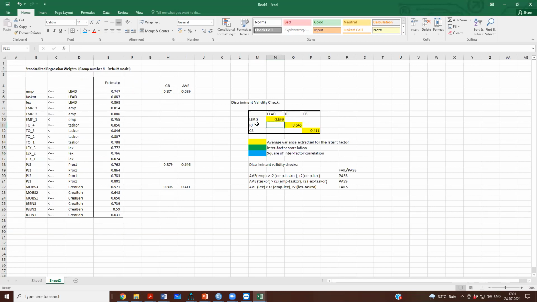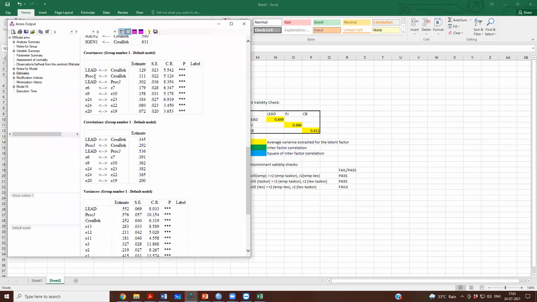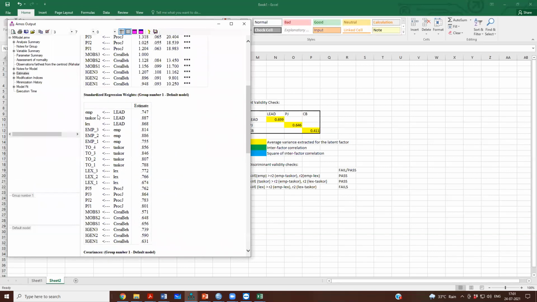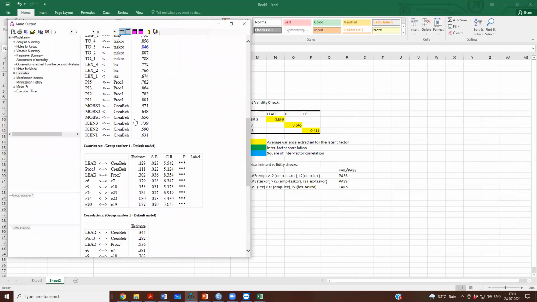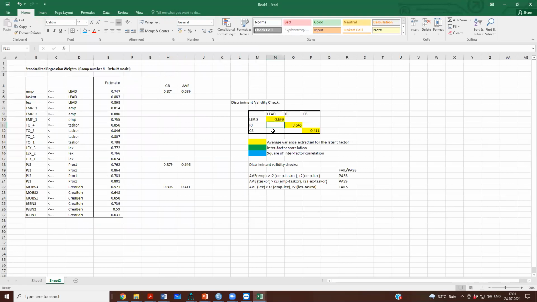So what is the correlation between leadership and PJ? Where will we get this result? We will get this in the output. Just below the loadings, the standardized loadings, you will see covariances and then you will see correlations. So what is the correlation between leadership and creative behavior? It is 0.345. So I'm going to write it as 0.345.